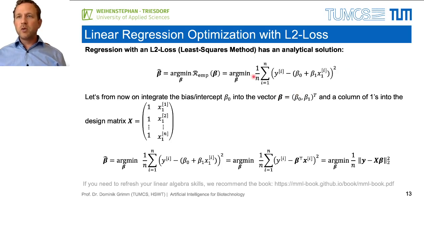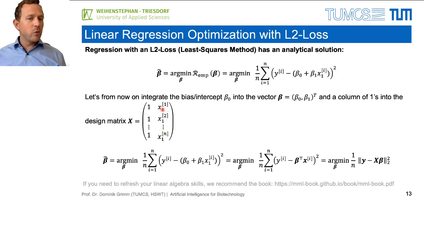Before we do this, we first integrate this beta 0 into a vector. So we now say the bias beta 0 is integrated into a vector which we call beta. You see it's bold, it's a vector which contains beta 0 and beta 1, and is transposed. And we also include a column of 1s into our design matrix X. X is our data matrix, which you might know from before.